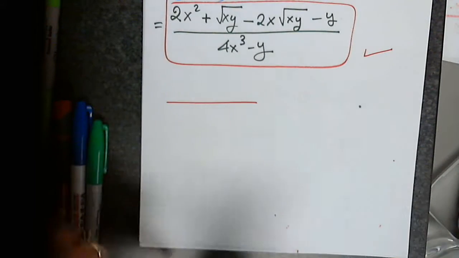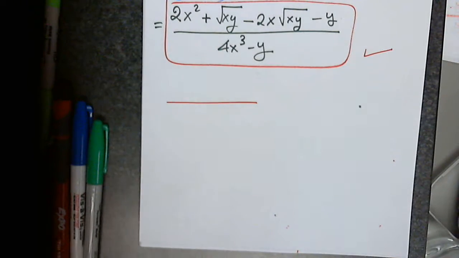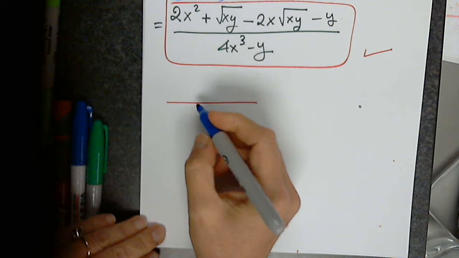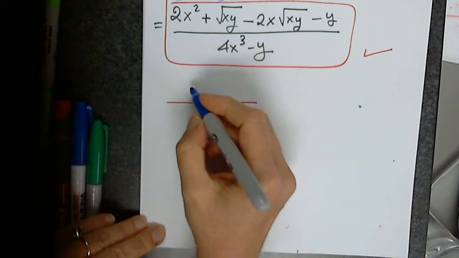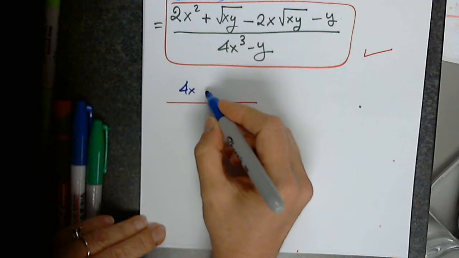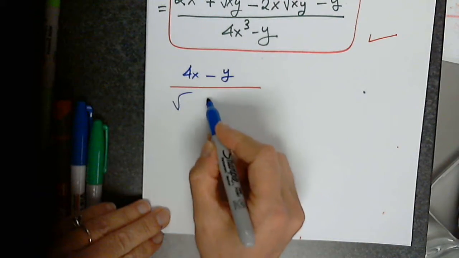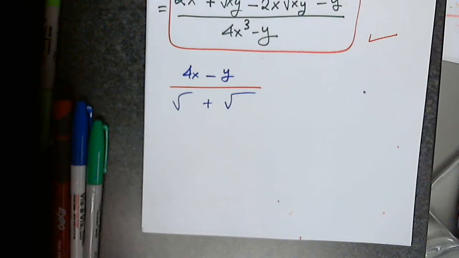Okay, give me an example with 2 terms that we can rationalize. Anything you want. Okay, I'll put the top as 4x minus y, and you give me whatever you want in the denominator.